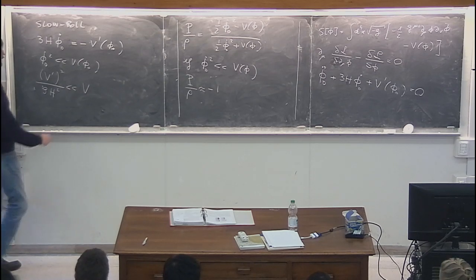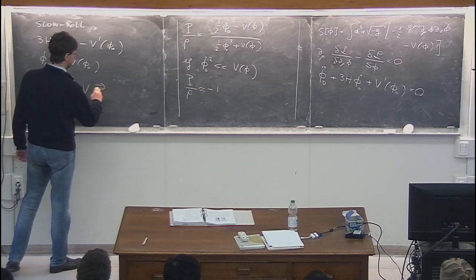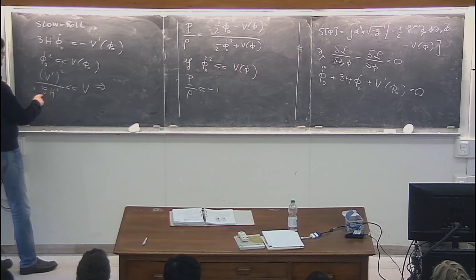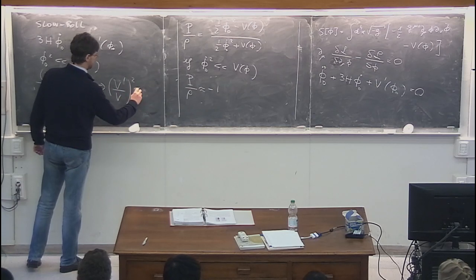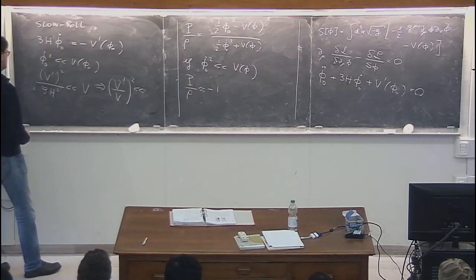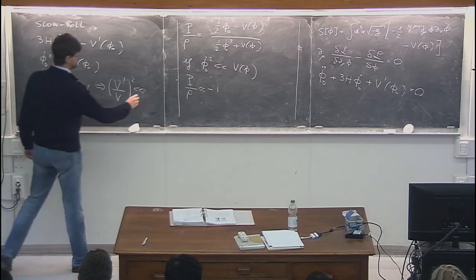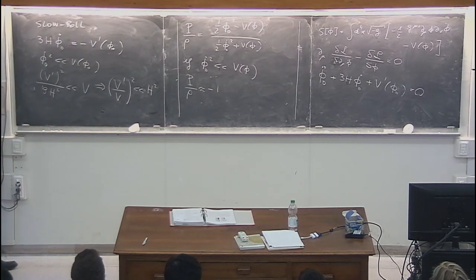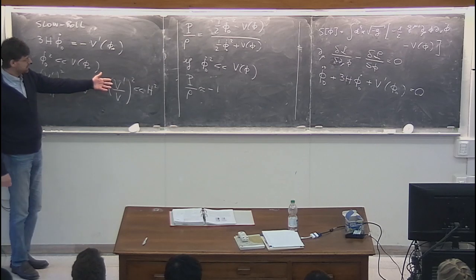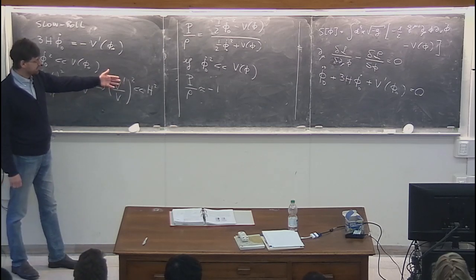So I know that the kinetic energy is much smaller than the potential if I have this condition, V prime over V square much smaller than H square. So you start already understanding something very intuitive.